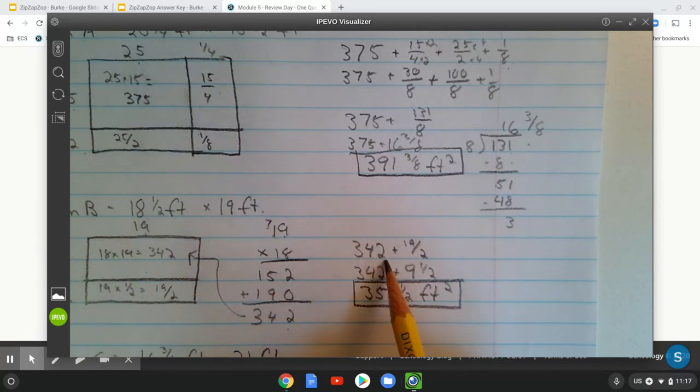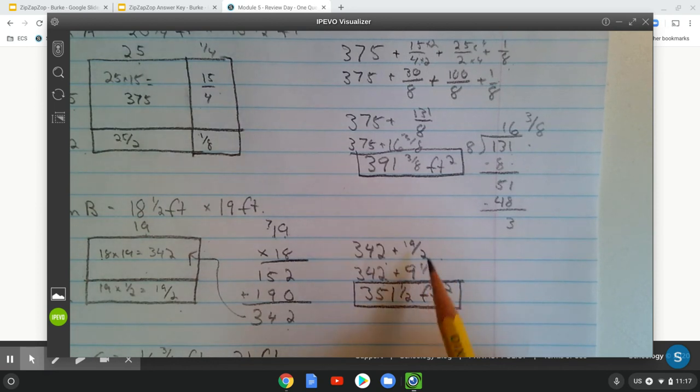Now I need to add 342 plus 19 halves. That's 342 plus 9 and a half, because 9 times 2 is 18. Add those up: 342 plus 9 is 351, and then I still have the half. So that is the area of room B.